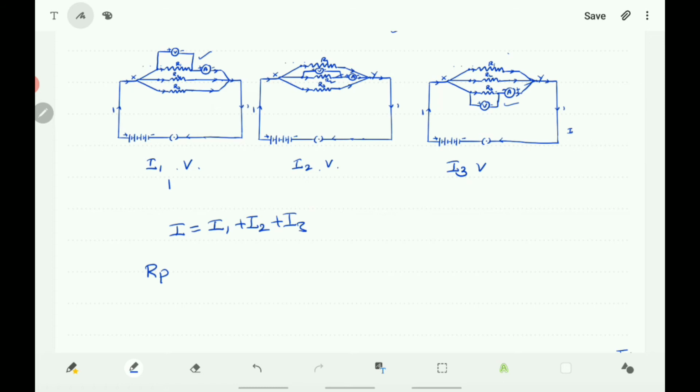By applying Ohm's law to the parallel combination of the resistors, you will get I equals V by Rp.